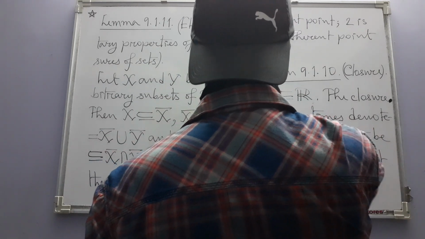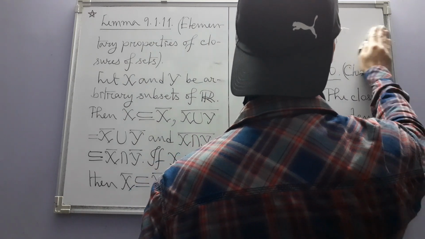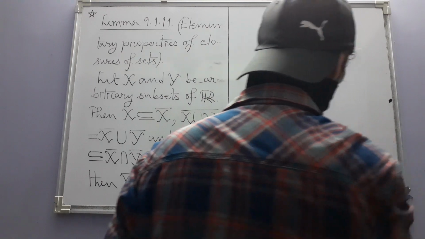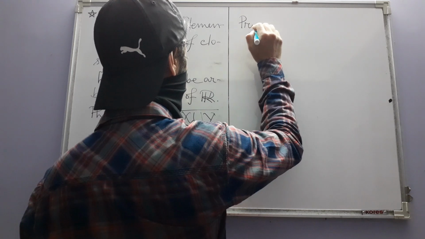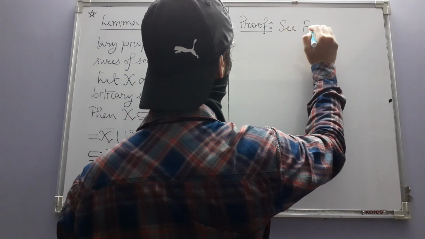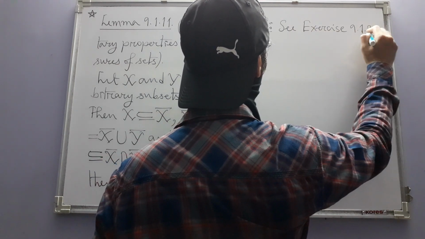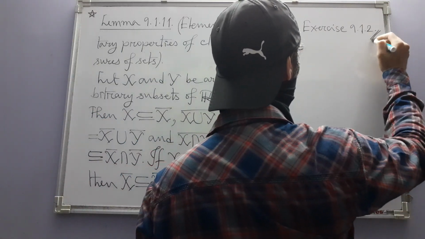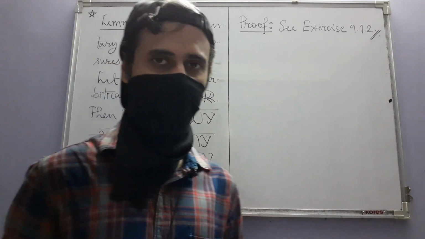That is, in place of proof, we have been asked to see exercise 9.2. And let me just end the video here itself. We will continue from this point in the next update.